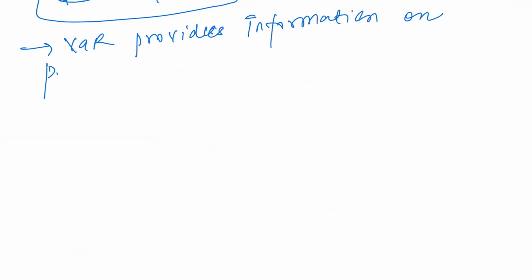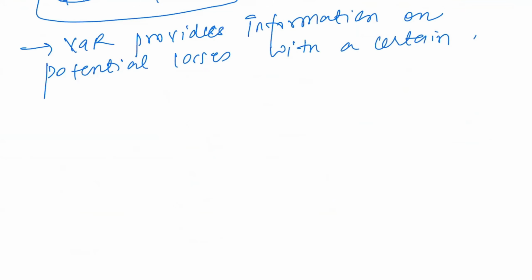So basically, value at risk provides information on potential losses within a certain confidence interval, let's say 95% or 99%, right?